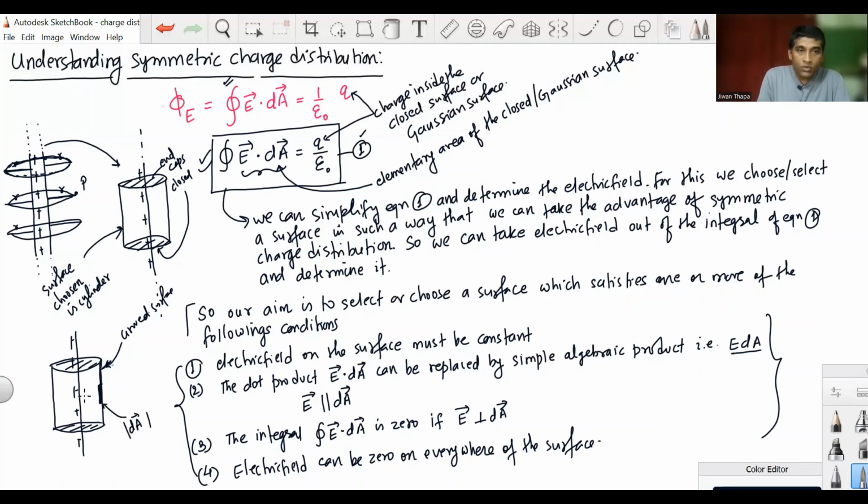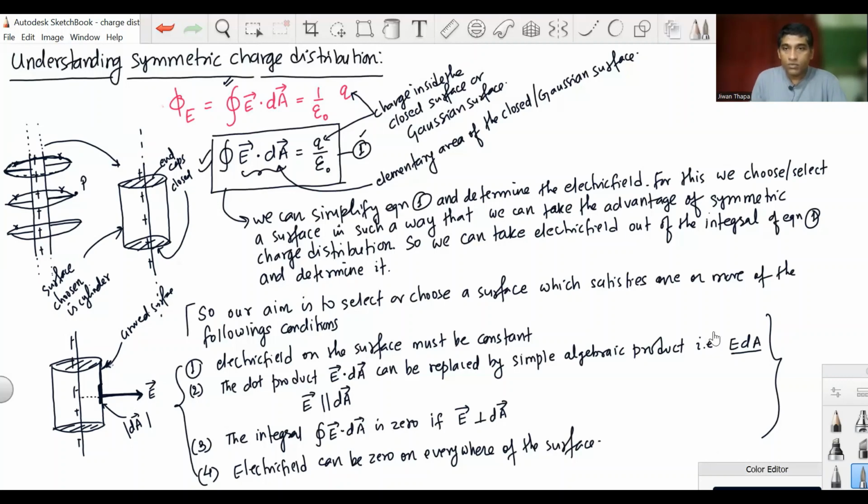Clear? And we know electric field lines from positive charge diverge out. So electric field lines are passing through this area, as shown in the figure. Clear?